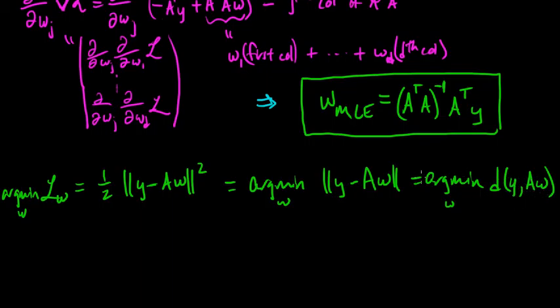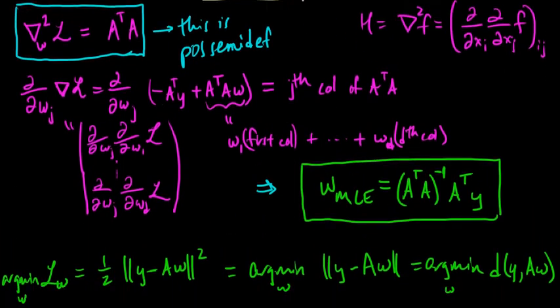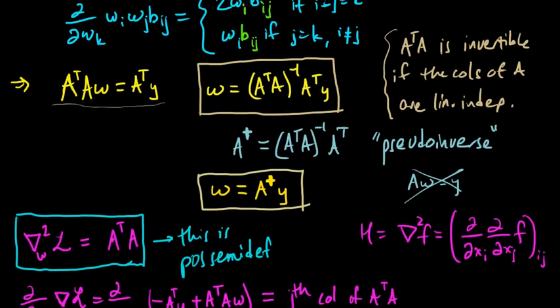So this is a very intuitive interpretation of what the MLE is doing here, and more generally what the pseudo-inverse does. Remember we talked about how, in some sense, we might have liked to solve Aw equals y, but we can't, because in general y might not be in the span of the possible values this could achieve.